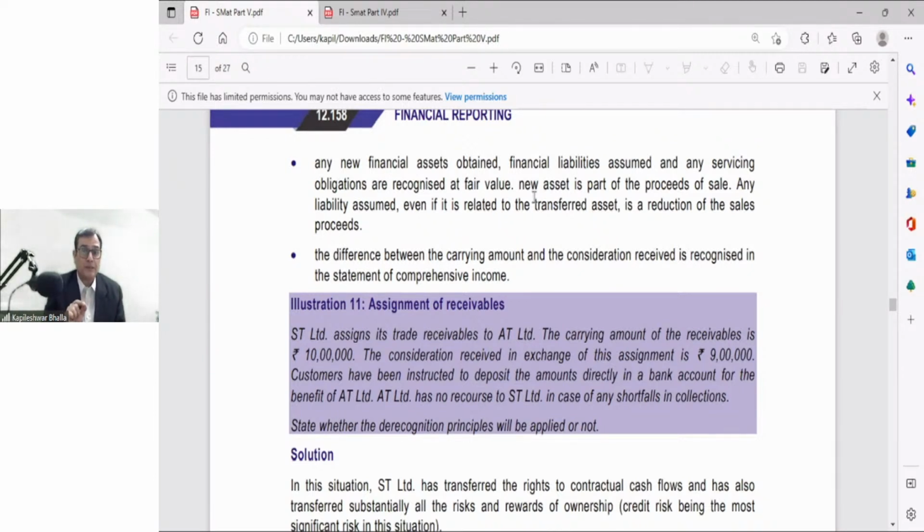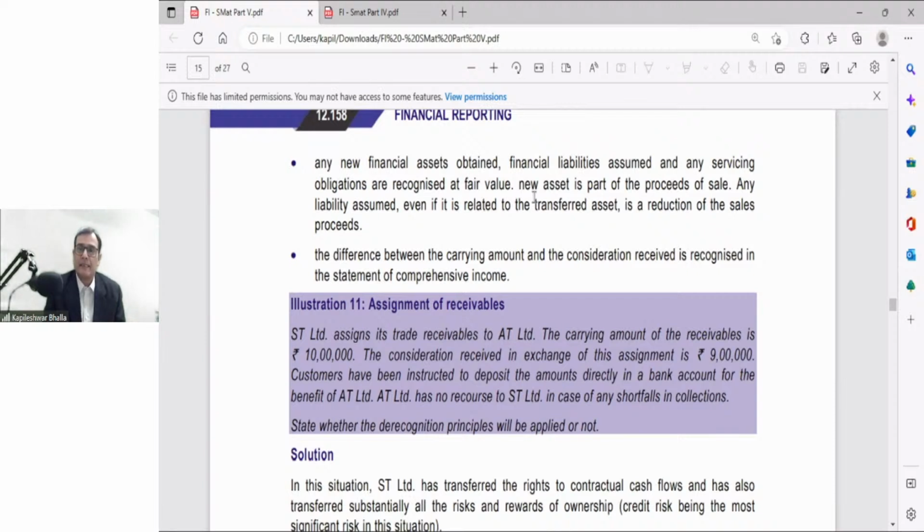So the customers were told to deposit the money directly in the account of AT receivables, which is the factoring agency. And AT has got no recourse. That means risk and reward is being substantially transferred.